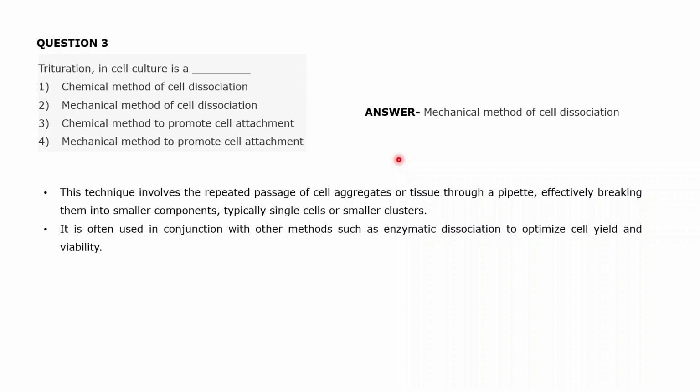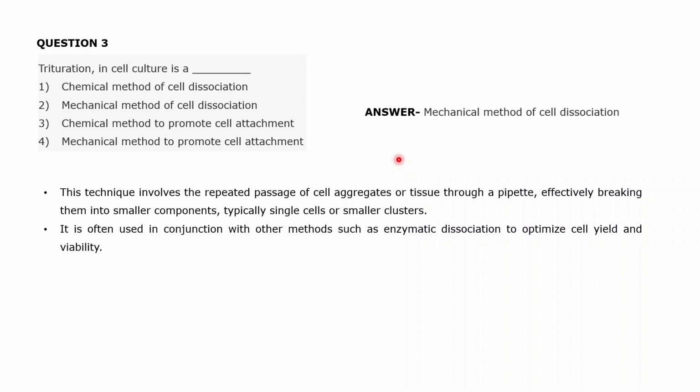In that process you are providing a mechanical stress or mechanical shear force. In the presence of that shear force, the cells that form the tissue get separated out. Sometimes it is not that efficient.